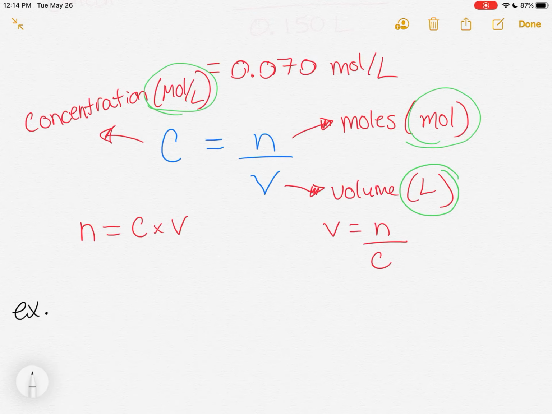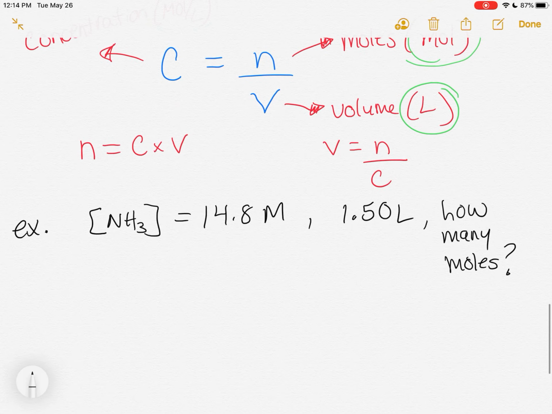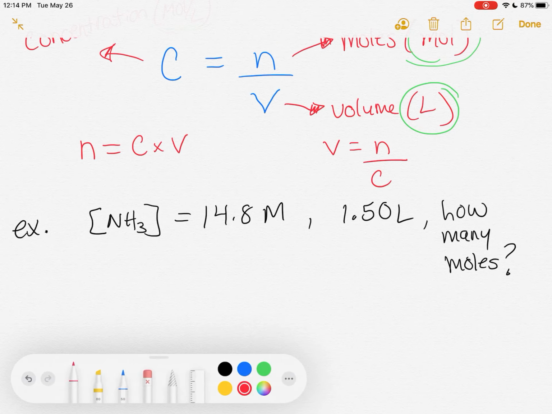Okay, so if we try an example where we know the concentration of NH3 is 14.8 moles per liter, and we know we have 1.50 liters, how many moles is that? Okay, so when we're trying to calculate moles, let's do this in red.